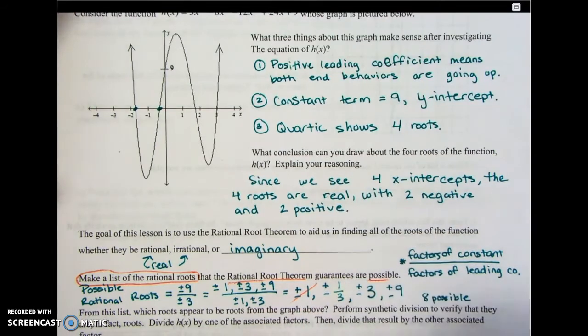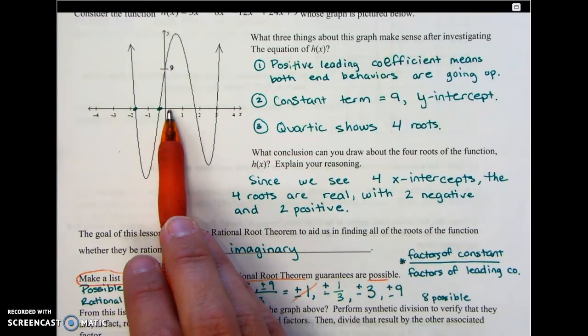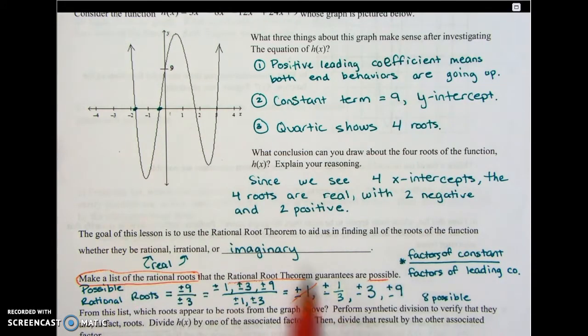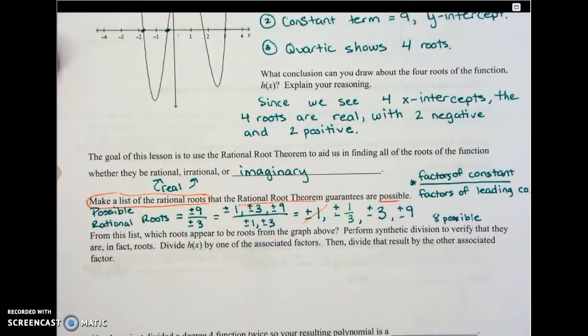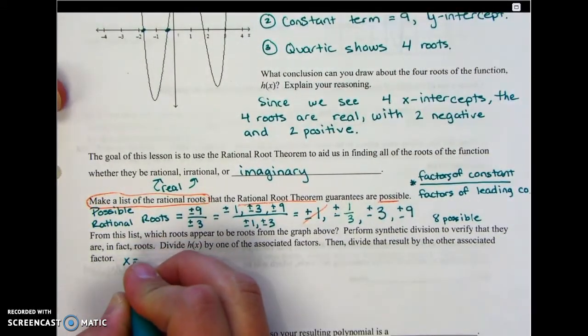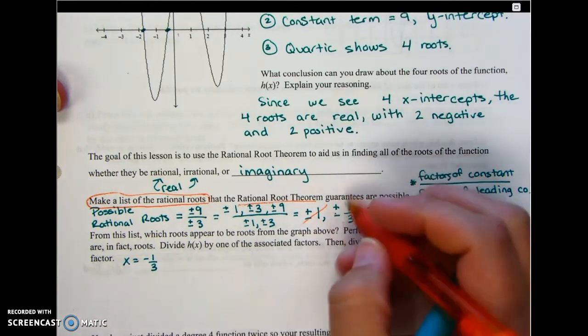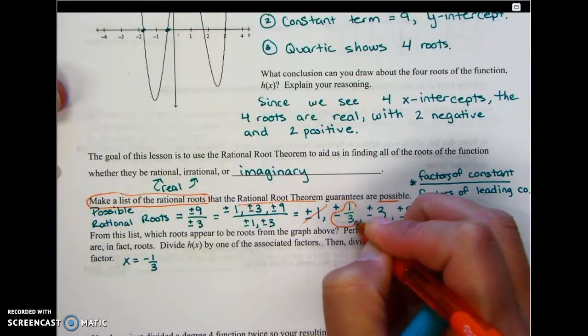We don't need it. What about positive 1/3? Is positive 1/3 a root? Nope. What about negative 1/3? Hey, that could be one of them. So let's write x equals negative 1/3. Okay, I think in my other video I circled or highlighted it, so that might be helpful.